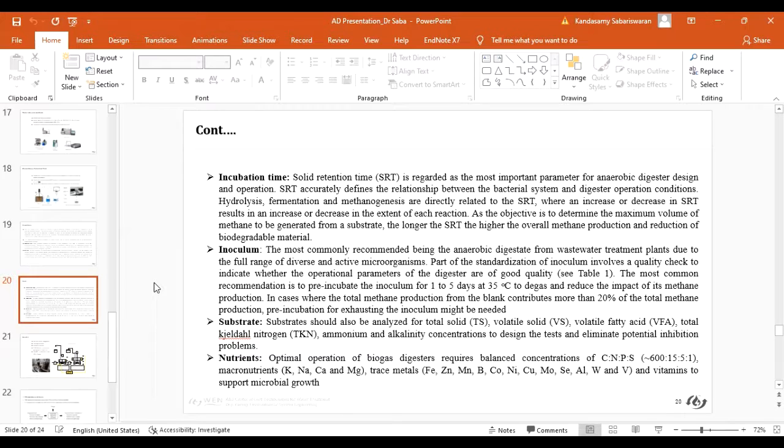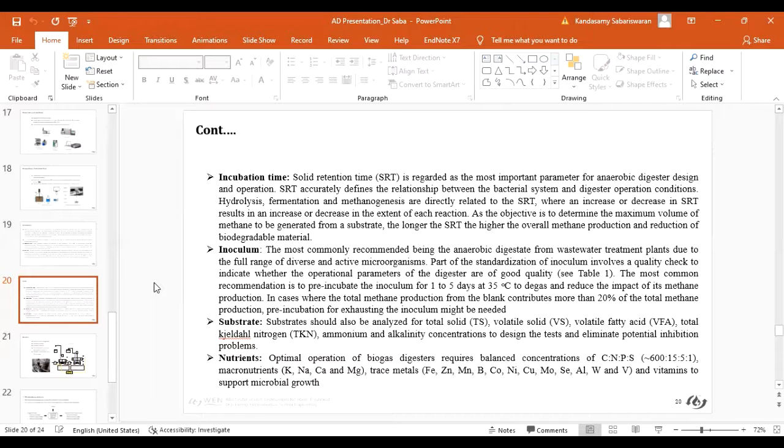When we come to inoculum, the most commonly recommended is anaerobic digestate from wastewater treatment plants, due to the full range of diverse and active microorganisms. Part of the standardization of inoculum involves a quality check to indicate whether the operational parameters of the digester are of good quality. The most common recommendation is to pre-incubate the inoculum for 1 to 5 days at 35 degrees Celsius to degas and reduce the background methane.